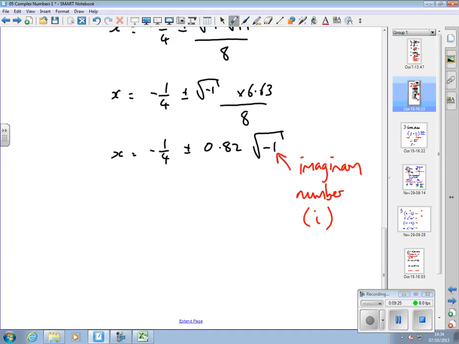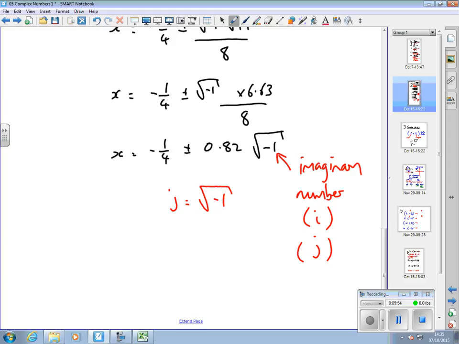But the engineers, because we use i for current, and they use imaginary numbers all the time in electronics, don't use i, because it will be confused with current, they use j. And you might have come across this j term. J, in an engineering environment, means the imaginary number. And j equals the square root of minus 1. So it's undefinable. We can't work out what that is, so we just leave it like that.